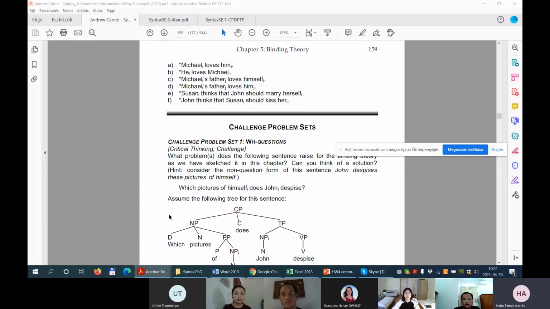What about B? Okay, about the B, I think I have to say it from 2 perspectives. The first is that the binding domain of the NP causing the problem is the sentence itself, he loves Michael. And in this sentence, although the pronoun he and its antecedent Michael are co-indexed, they do not form a binding relation since the antecedent doesn't c-command the pronoun, because the binder must do the c-commanding, not the reverse.